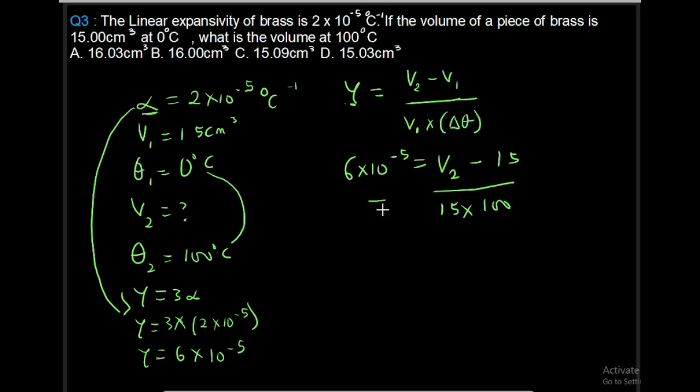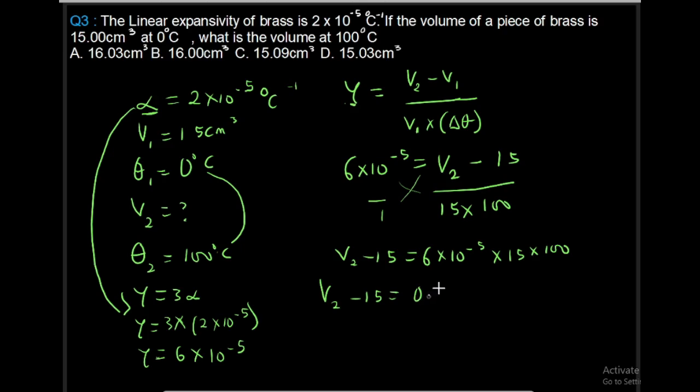All right, so simplifying, we're going to cross multiply: V2 minus 15 equals 6 times 10 raised to the power minus 5 times 15 times 100. That will give us 0.09.